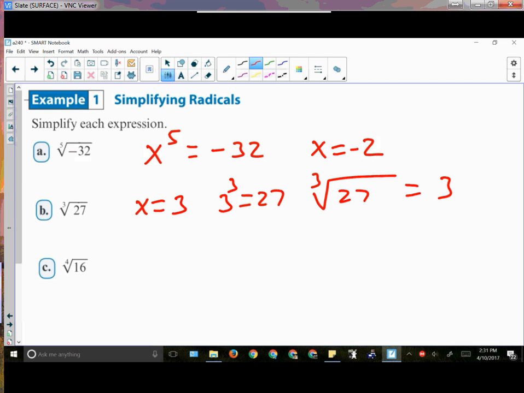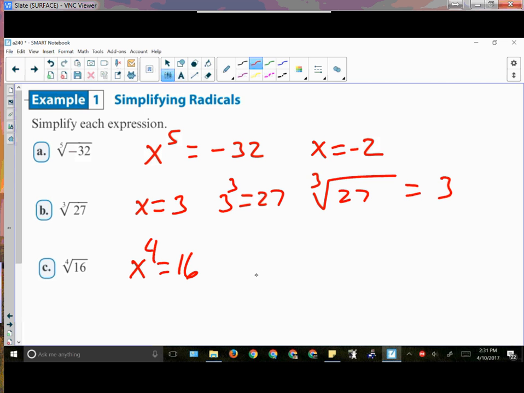What about c? 4. So 4 4s multiplied together equal 16. Yeah, 4 times 4 does, but that's not what it's asking. It's asking for x to the fourth power is equal to 16.